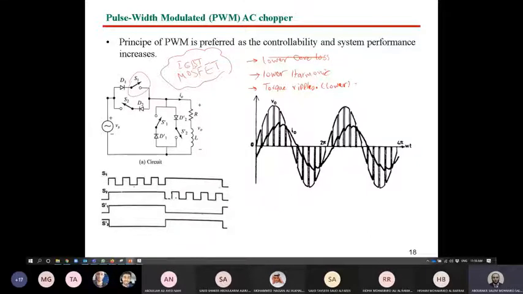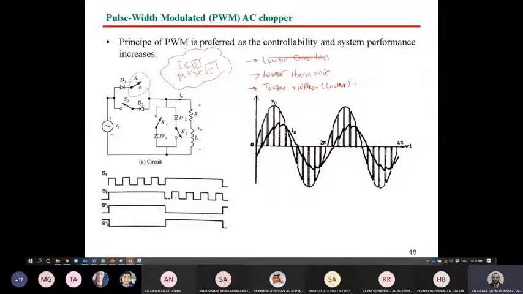If you have small harmonics, because harmonics are considered high frequency losses, this is going to make the core losses lower. Of course, lower compared to conventional techniques. So we prefer PWM circuits instead of conventional circuits.